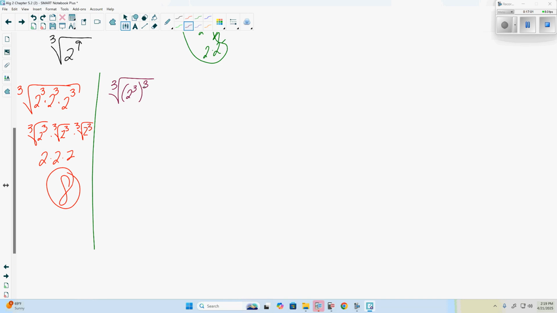Powers of powers. Powers of powers multiply. So 2 to the 3rd to the 3rd is the same as 2 to the 9th. Well, our cubed root and that outer third power would cancel, telling us that we're left with 2 to the 3rd, which is 8.